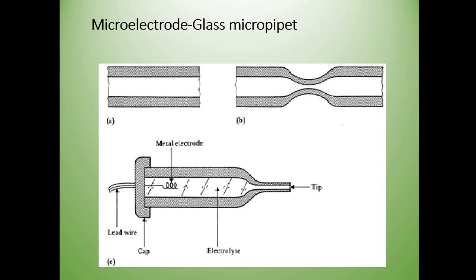So the microelectrodes are generally of two types, metal and micropipette. Metal microelectrodes are formed by electrolytically etching the tip of a fine tungsten or stainless steel wire to the desired state.